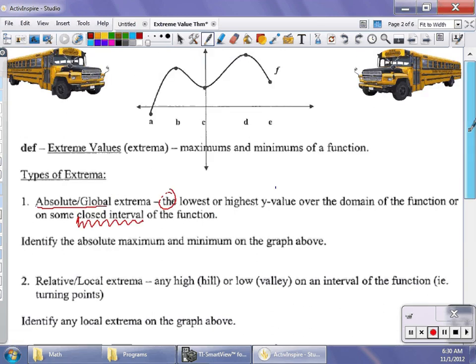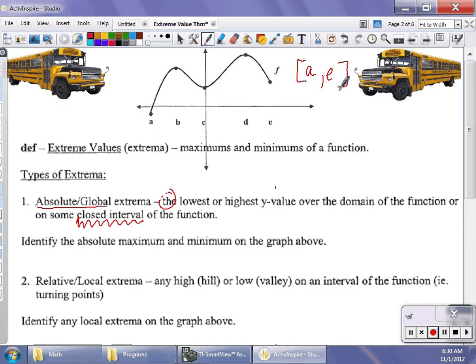So let's identify the absolute maximum and minimum on the graph above. And notice that we do have a closed interval because this function is only defined, or at least on this graph, from A to E. That is our closed interval, so we have met at least the criteria in this definition of the absolute extrema.